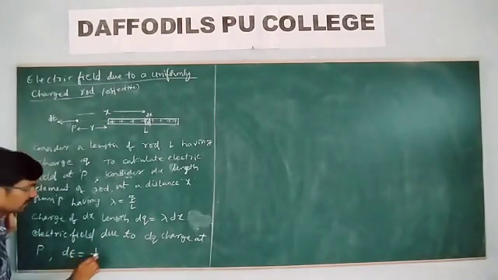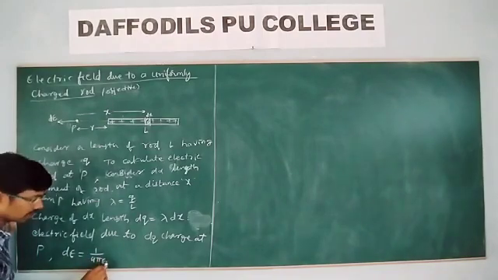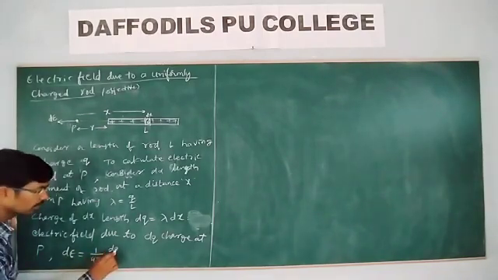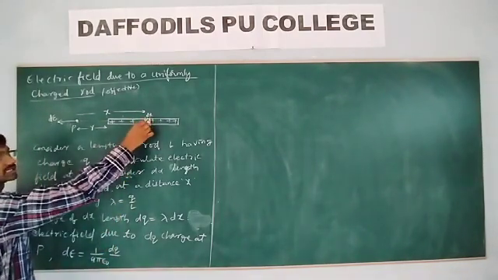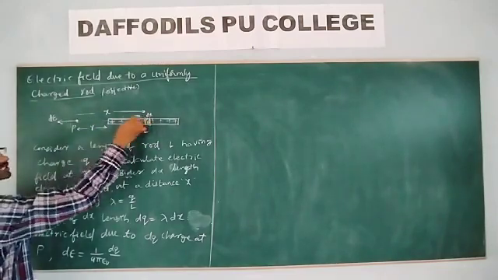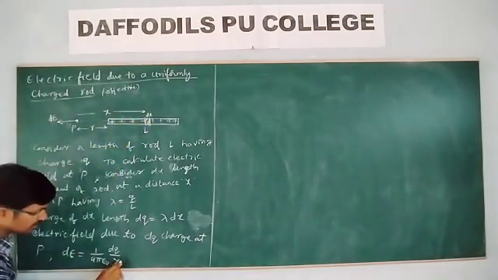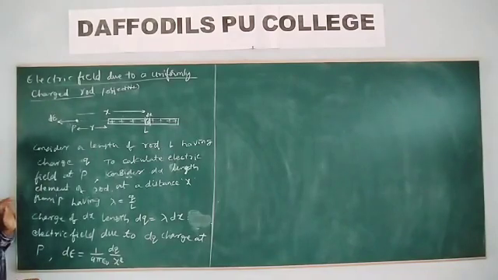So let me write here 1 by 4 pi epsilon naught dq by, this charge is dq, and the distance from here to here is x square. 1 by 4 pi epsilon naught dq by x square.